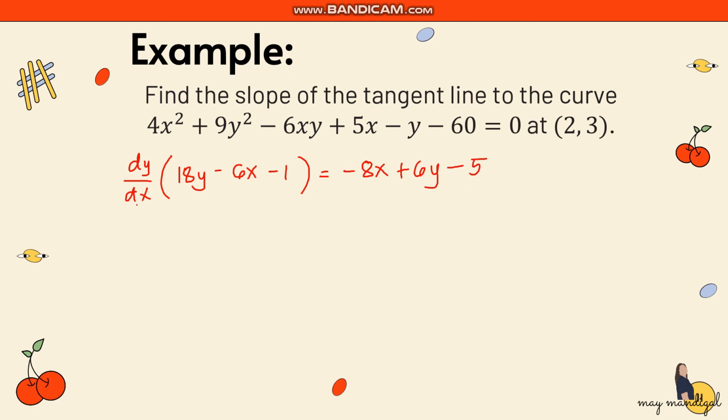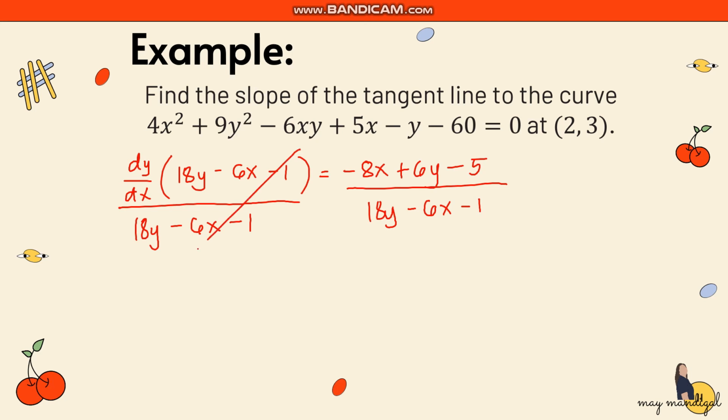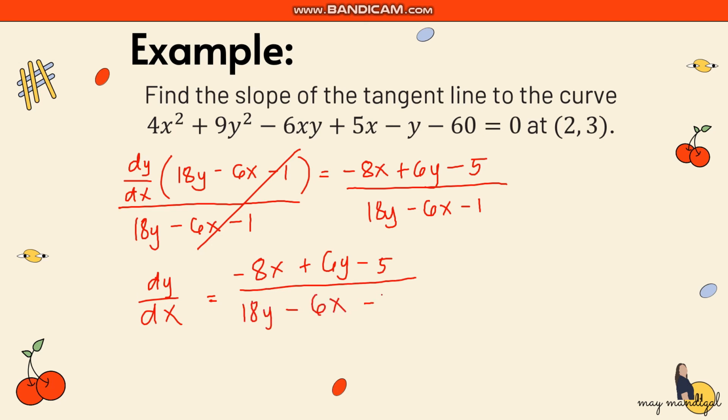Then we will divide both sides by 18y minus 6x minus 1. So cancel. We have now dy over dx equal to negative 8x plus 6y minus 5 all over 18y minus 6x minus 1.